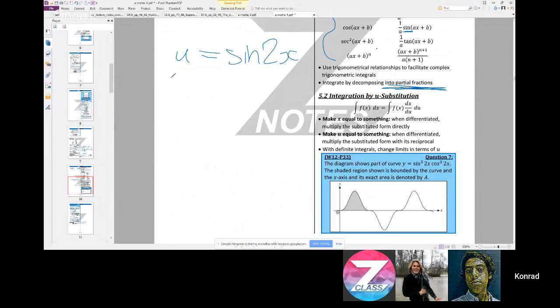So it is worth pointing out then, if you are trying to come up with a substitution, generally speaking, it's not always a terrible idea to just use whatever the complicated chunk of your equation is as your substitution.